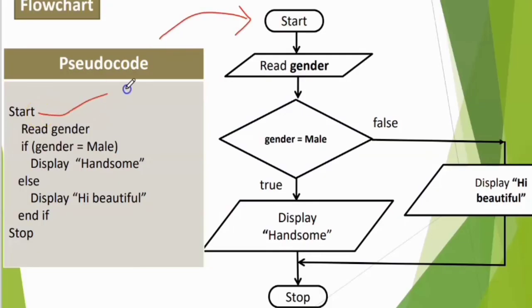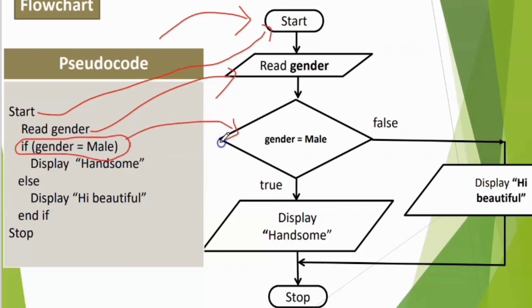So start as usual, guys. Draw using the capsule shape and write start. Then input, use the parallelogram shape. For the condition, use the diamond shape: gender equal to male.